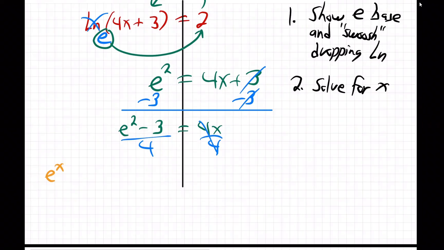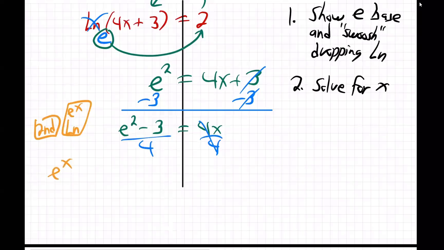You normally get it by hitting the second button and the ln, because the e to the x is right at the top of it. Every calculator is a little different, but on most, the e to the x is right above the ln. The way you get the things above is you hit the second button, or whatever that other option button is at the top of your calculator. Hit second, ln, and e to the x will appear.